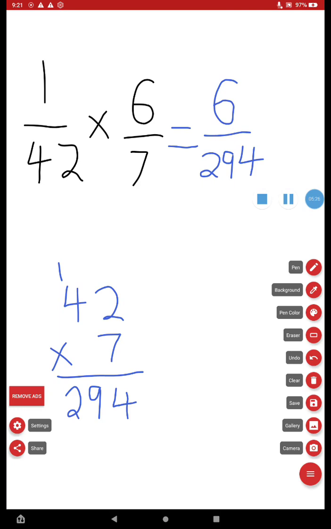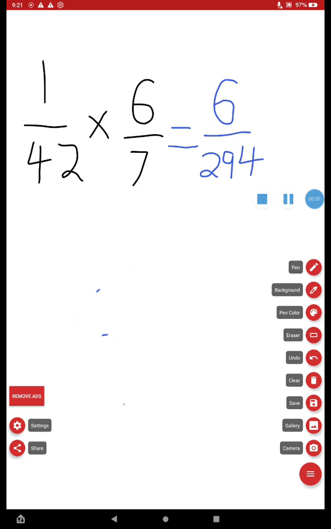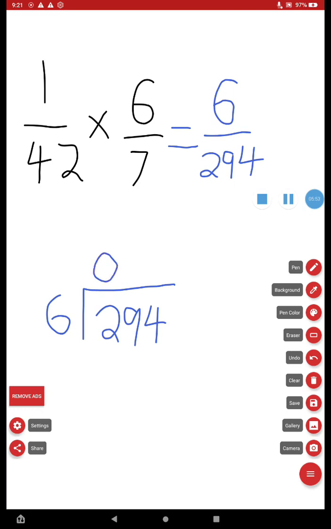Okay, let's get rid of my two-step down here, and I'm going to divide. I'm going to put 294 in the box. I'm going to put 6 outside of the box. I'm going to do a little bit of division. 6 in the 2, nope. 6 in the 29, yes.